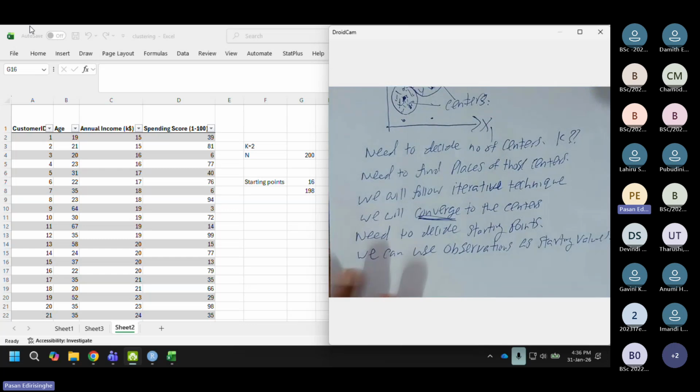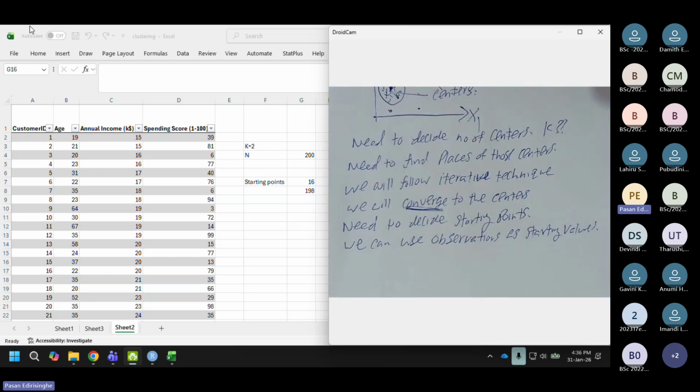Okay, so we will use our observations as our starting values, right? And then iteratively we'll go through, and once you separate them into the two clusters, from one iteration to the other there will be some differences, right?